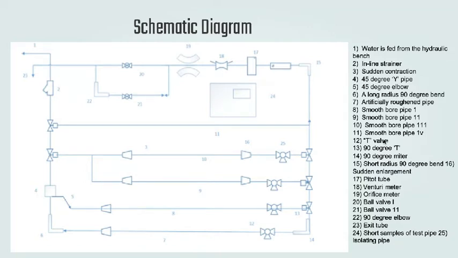As you can see in the middle of the screen, number 17, 18, and 19 are devices that measure the flow of the fluid. They are the pitot tube, venturimeter, and orifice meter. Moving on to number 19 to number 35, they are all basically fittings which have different kinds of shapes, similar to the ones I talked about earlier.